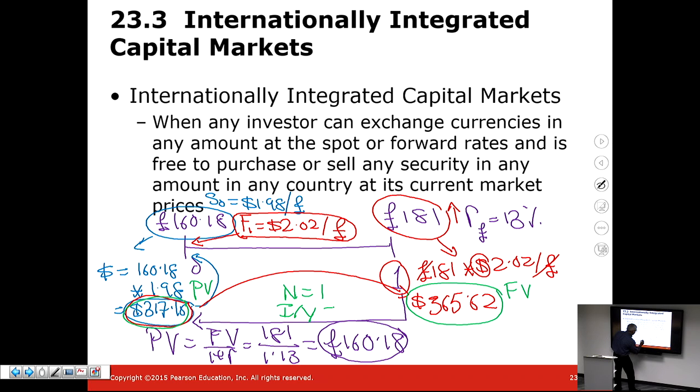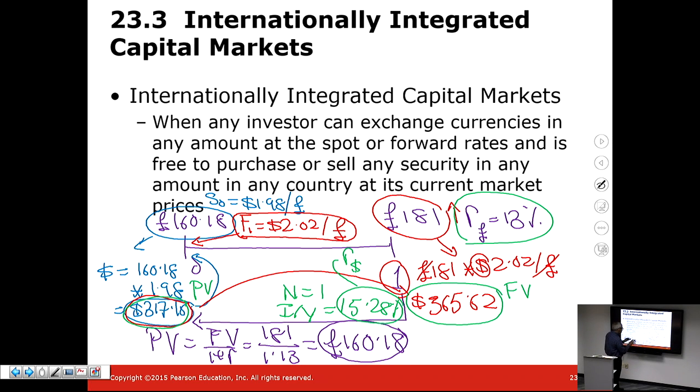If I calculate I/Y, I get 15.28%. So if the pound interest rate was 13%, this 15.28% is the interest rate in dollars.